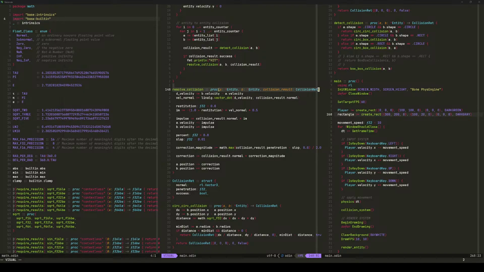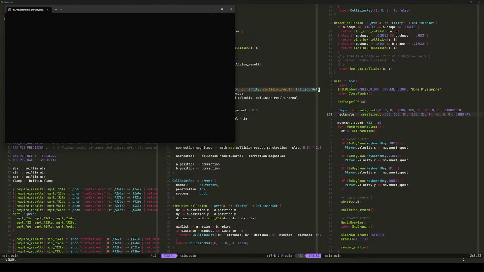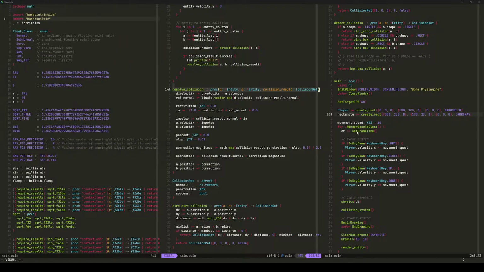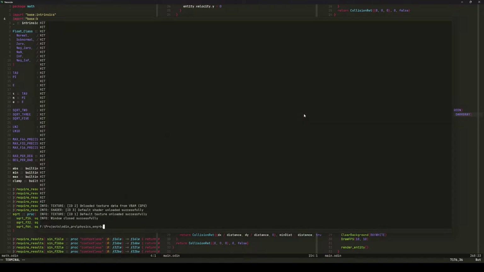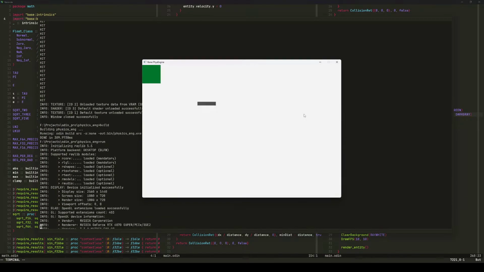And then it could be named Bone Game Physics. Why is it not running? Build and then run.